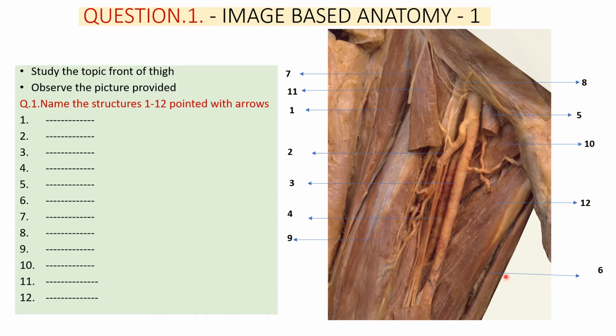Then structure 6, a muscle. 7, a nerve. 8, a nerve. 9, a muscle. 10, muscle. 11 also a muscle. And 12 also a muscle.